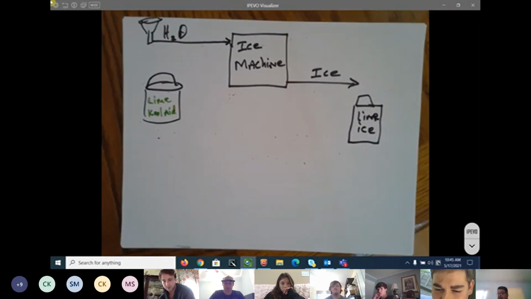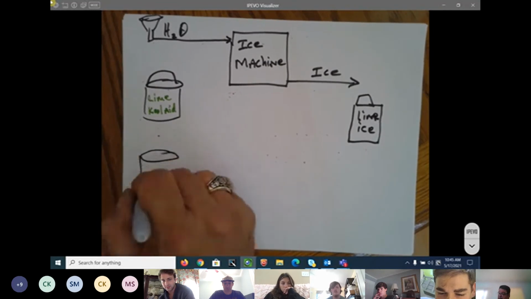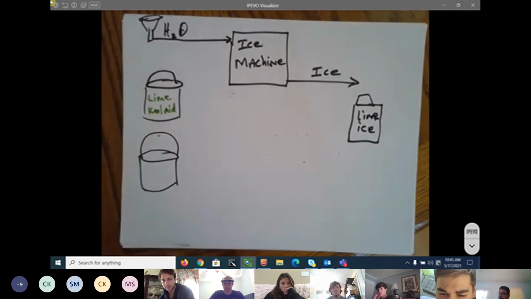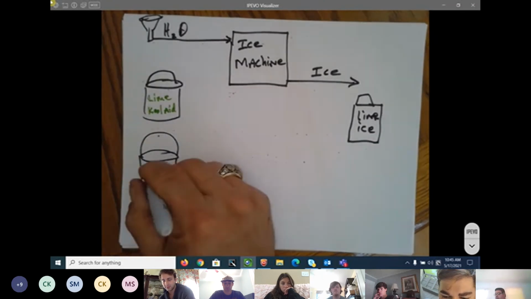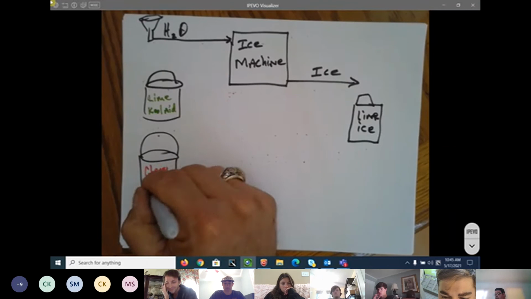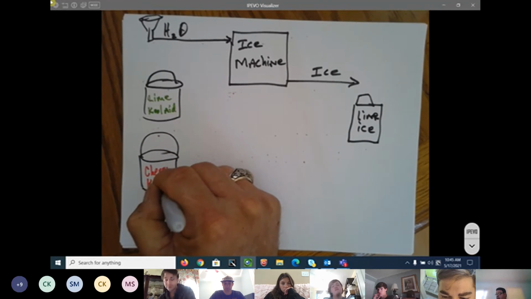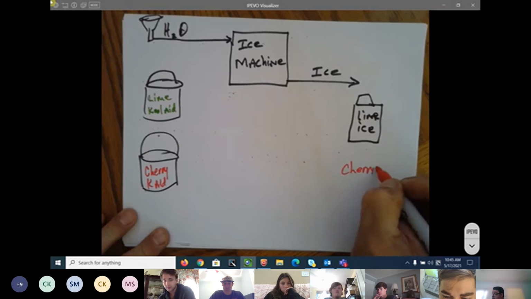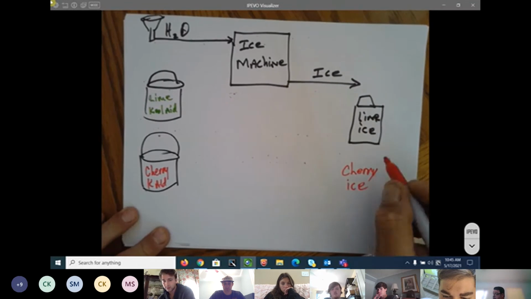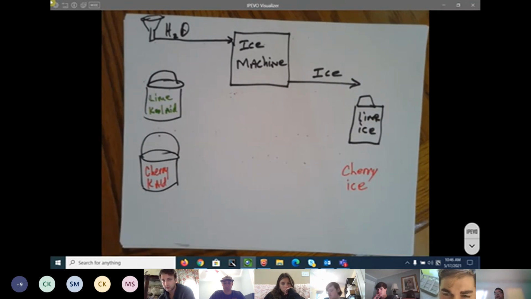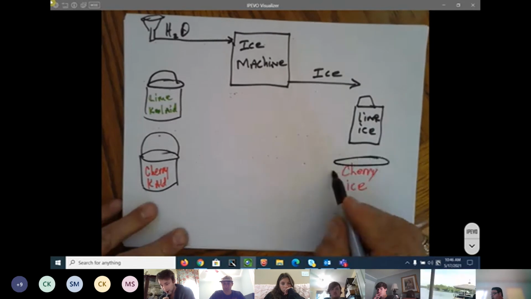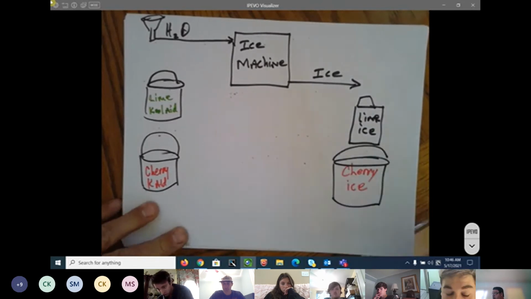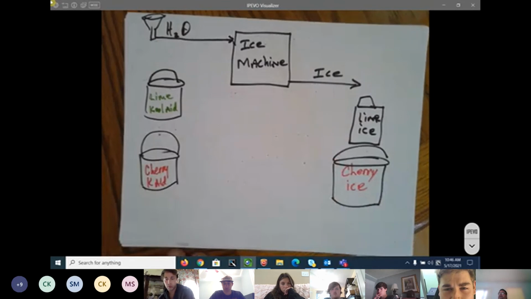And of course, I like cherry. So if you put 5 gallons of cherry Kool-Aid, you're going to get cherry ice. You're going to get 5 gallons of cherry ice. What are these things?